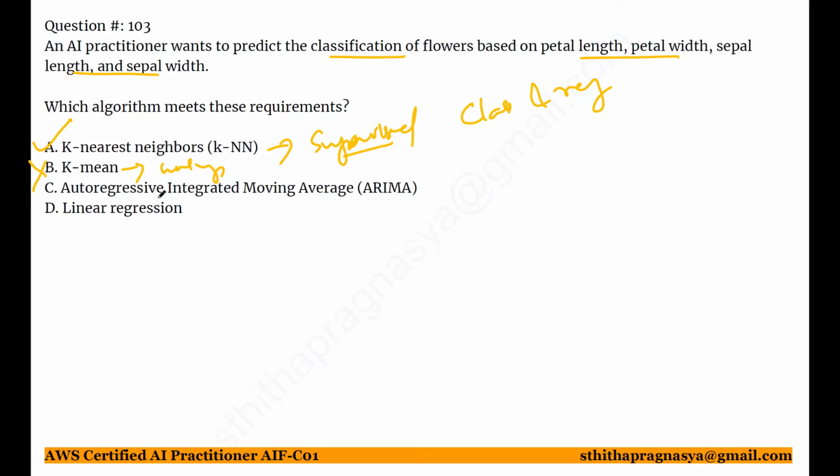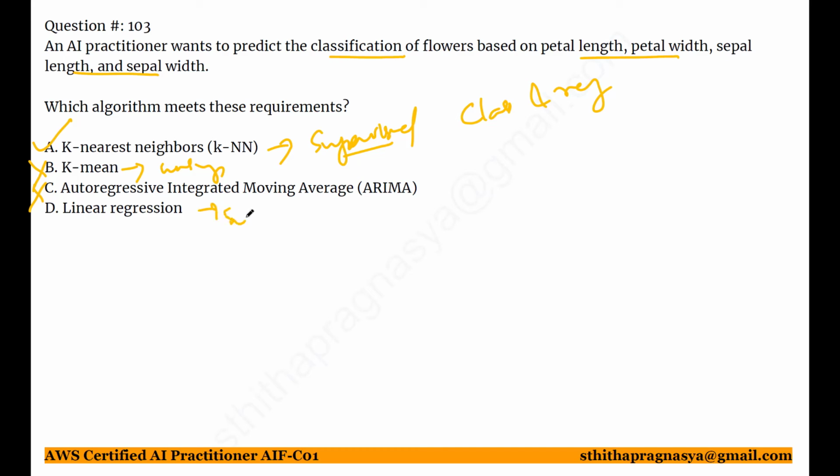And ARIMA, auto-regressive integrated moving average, is a time series forecasting algorithm used for analyzing and predicting temporal data. It is unsuitable for classification tasks involving static features like flower dimensions. This is not correct, as ARIMA is unrelated to classification tasks. Finally, linear regression.